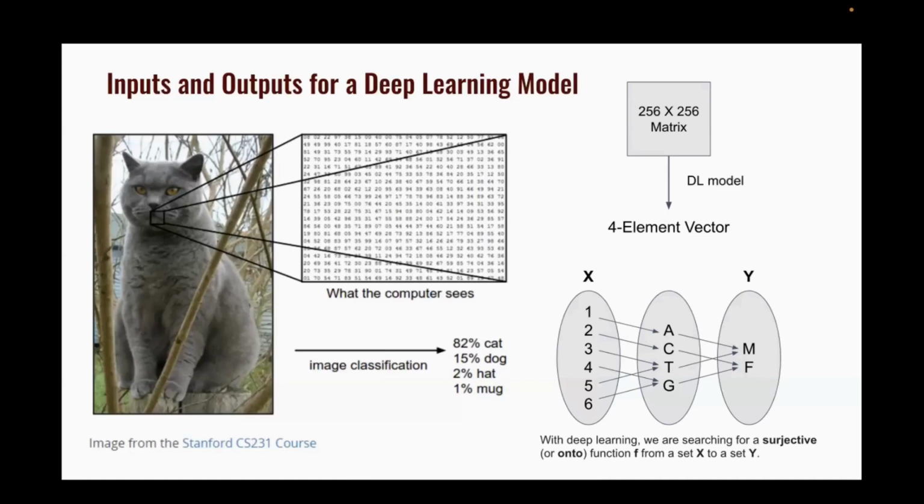Assuming I want to train my model to tell if it's a cat, a dog, a hat, or a mug. These 4 objects. If I have 1,000, I will have a vector of 1,000 elements. But here I have only these 4 different kinds of objects I want to train the model to recognize.